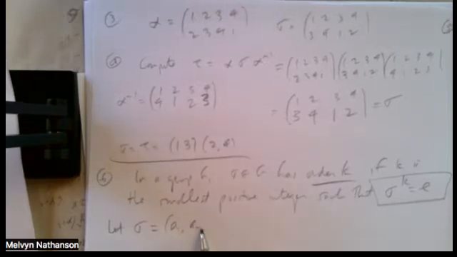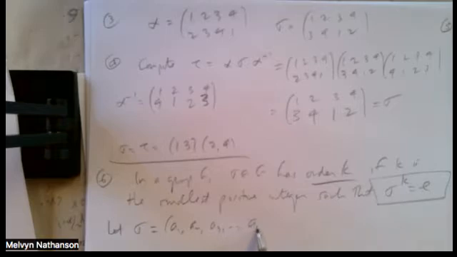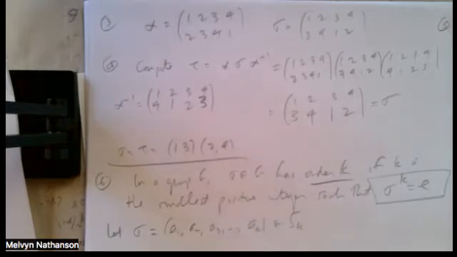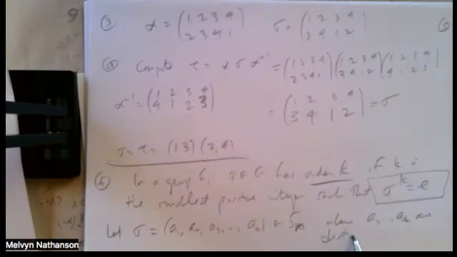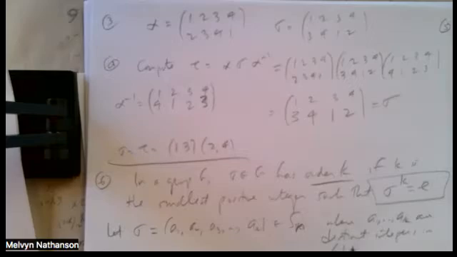So if you let sigma be a cycle of length K, so suppose sigma is (A1 A2 A3 up to A sub K) in S sub n, where A1 up to A sub K are distinct integers between 1 and n.